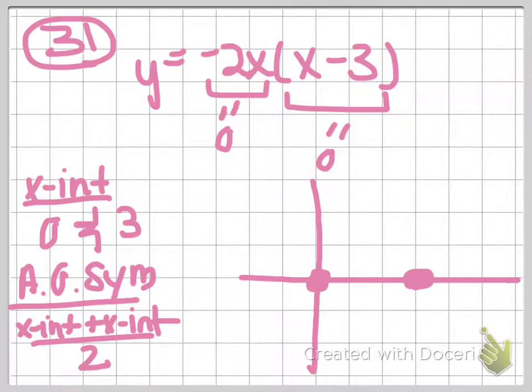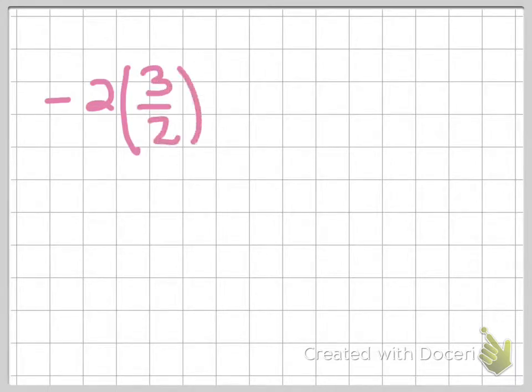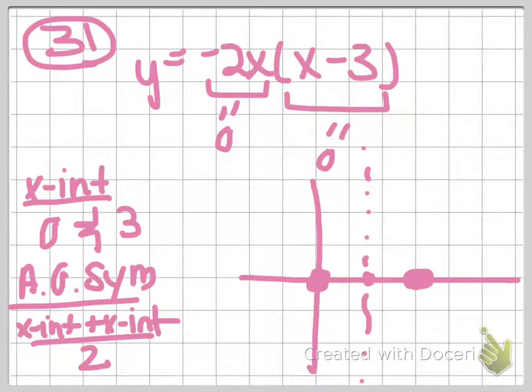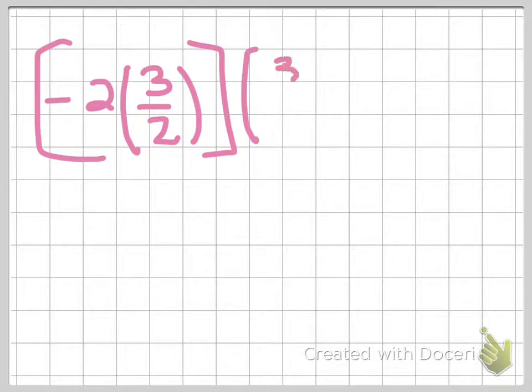When I do that, I get 1.5 right here. I need to know now, what is my actual value here? So I'm going to go to the next page because I'm running out of room. I'm going to take negative 2 times 3 over 2 times 3 over 2 minus 3.